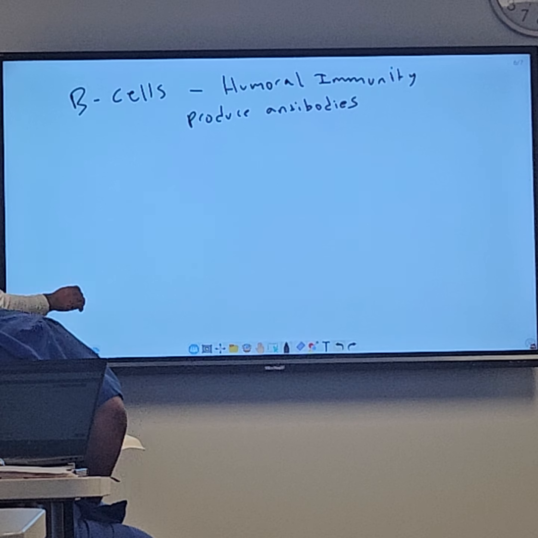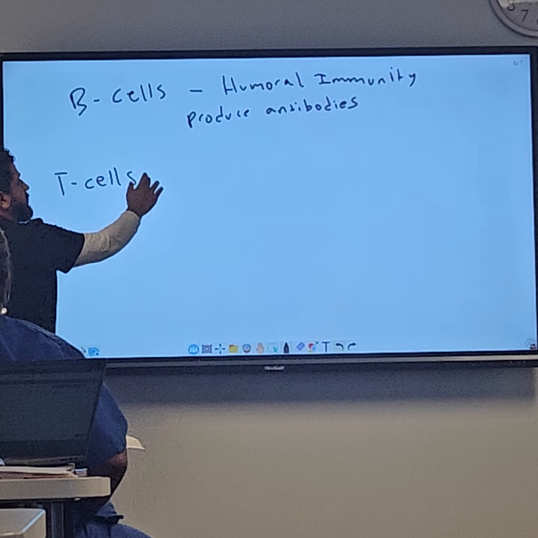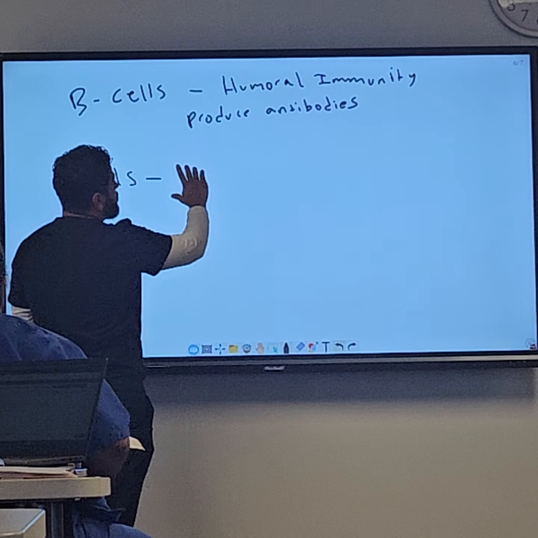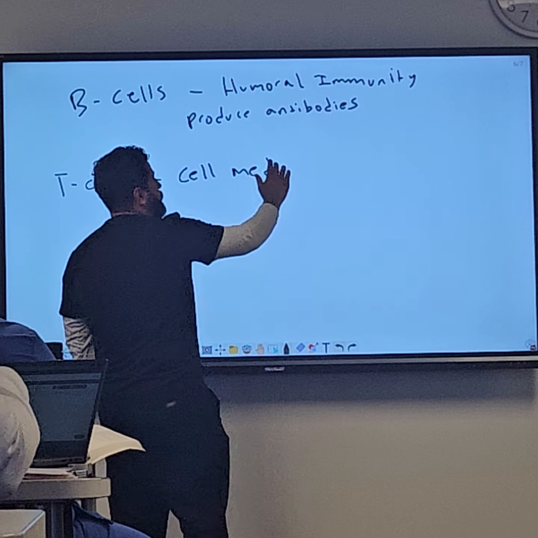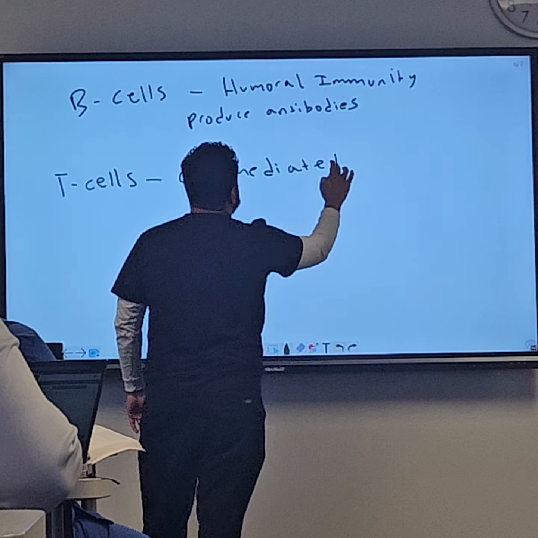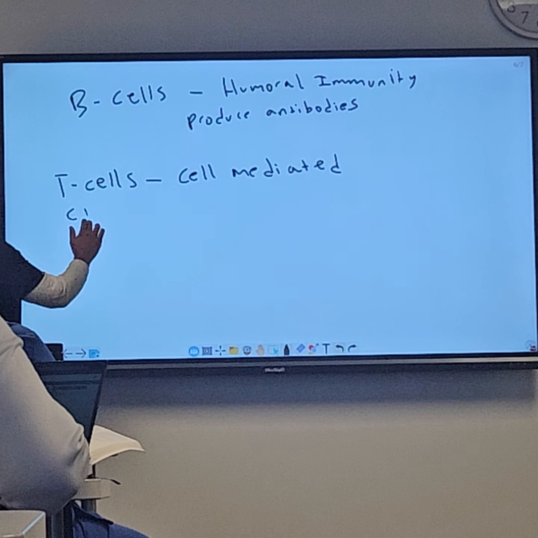So, you have T cells as well. Now with T cells, they provide cell-mediated immunity. And you have two types of T cells that are commonly referred to in this class and for this level.